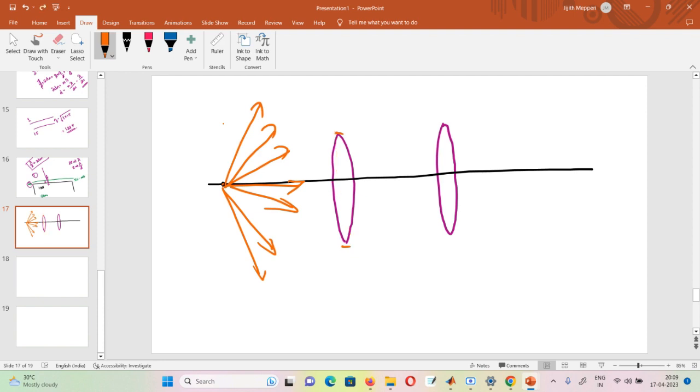If there is nothing else available there, the lens itself will act as the aperture, and if that controls the amount of light which passes through the system, then that will act as the aperture stop. Now you said that lens one will act as the aperture stop here.